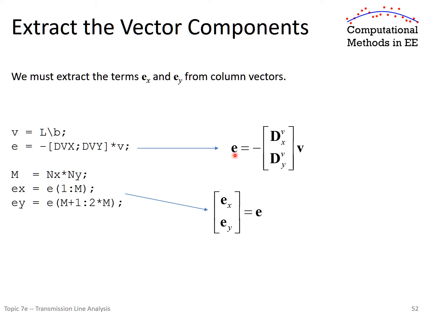E is a column vector of two column vectors, so the top half is our X component of E, and the bottom half is the Y component of E. So we pull off the top and the bottom halves from E, and now we have a column vector describing EX and a column vector describing EY.